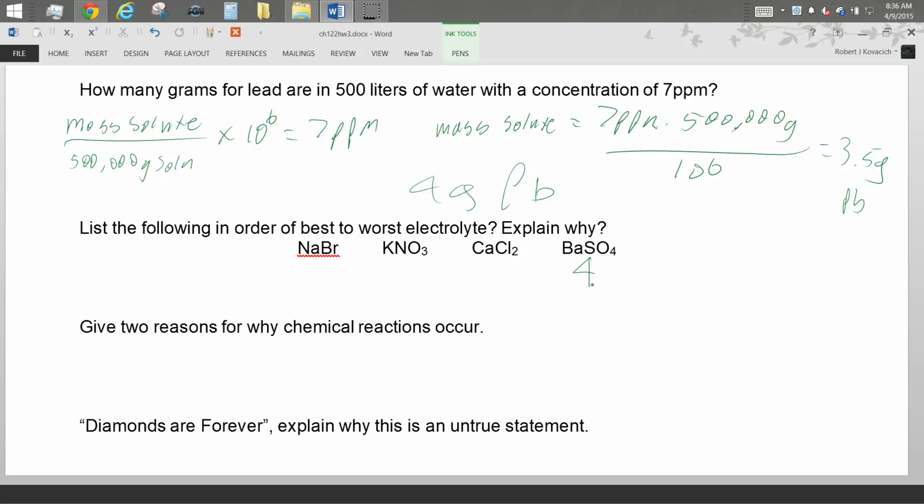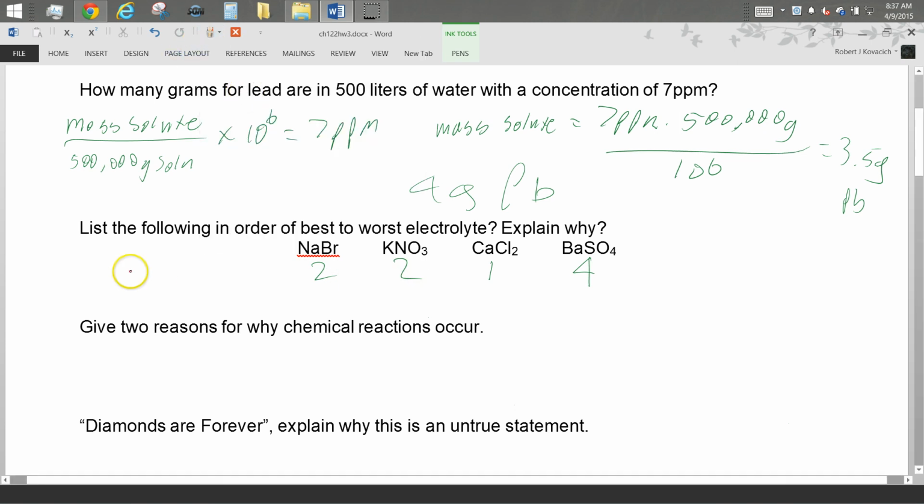So what's the best one? The calcium chloride is the best one because this guy here gives you 3 pieces, right? And then what about the sodium bromide and the potassium nitrate? They're the same. They're tied. They both give you 2 pieces.